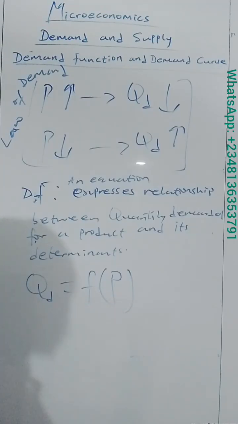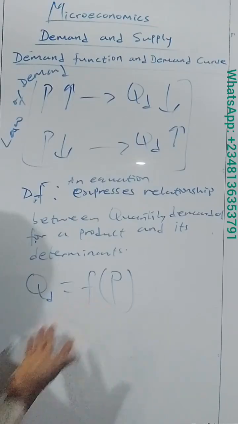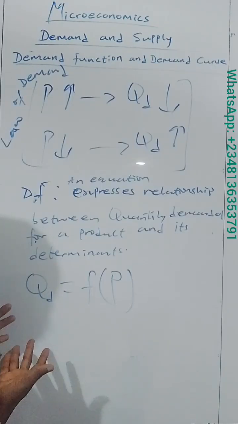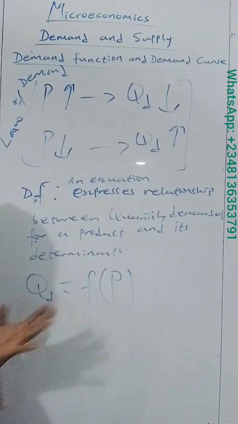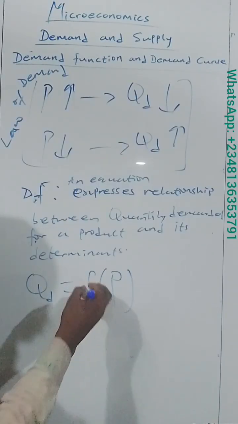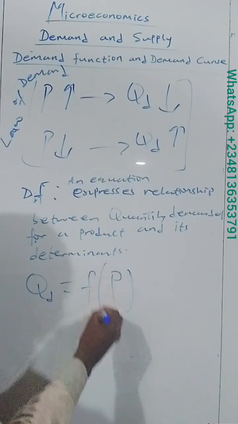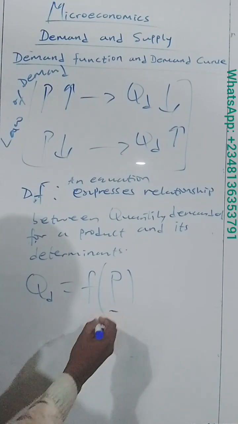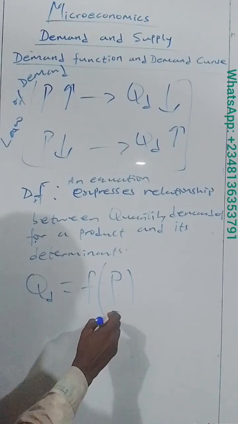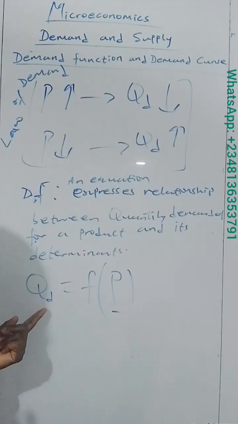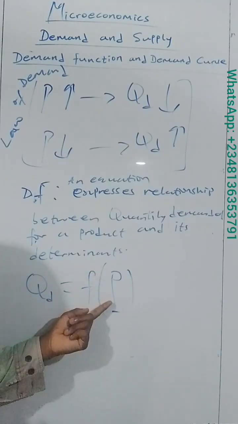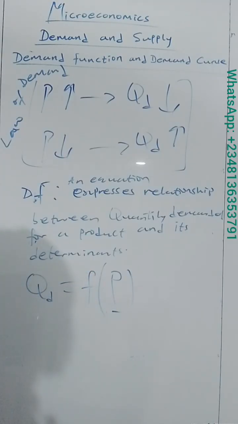So we cannot guess whether the relationship is positive or negative from this function, unless we are told. For example, if I put a negative sign here, that tells me that the quantity demanded is negatively related to the price of the commodity.